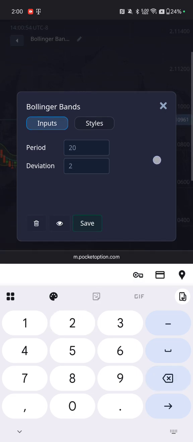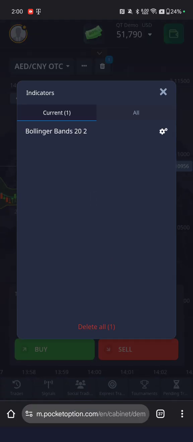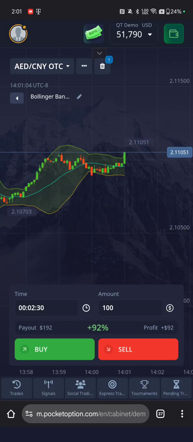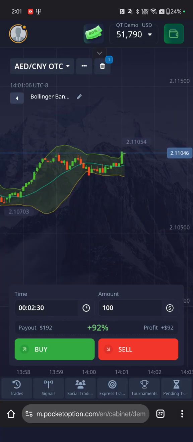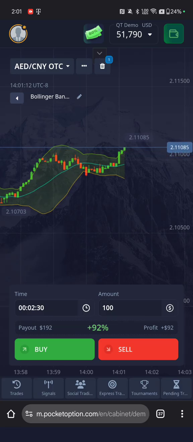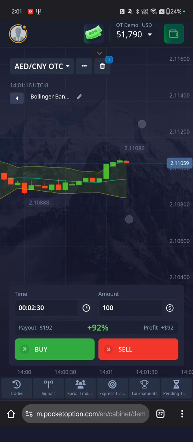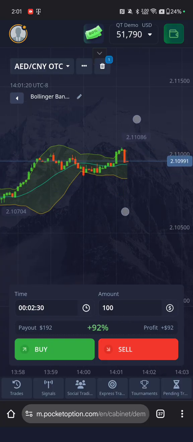The 20 means that the average line, which is the median or the middle line, is the average of the last 20 bars. So each one of these candles, 1, 2, 3, 4, 5, 6, 7, 8, 9, it's showing us the average of those bars.